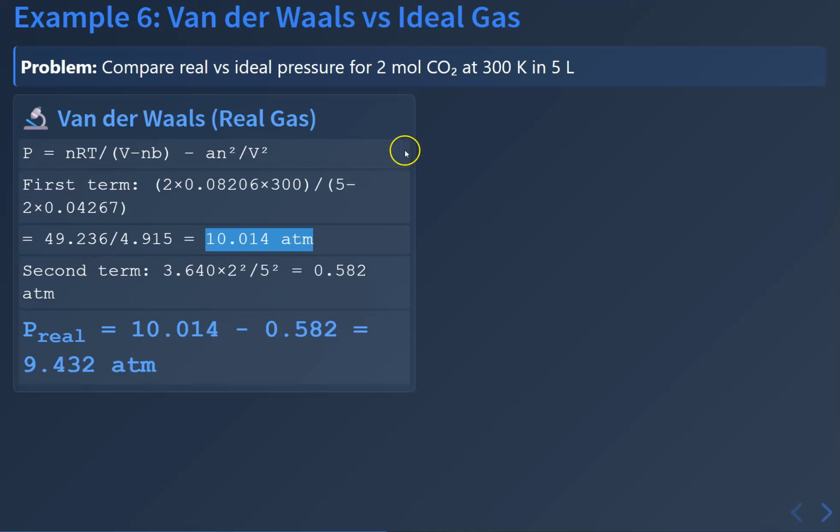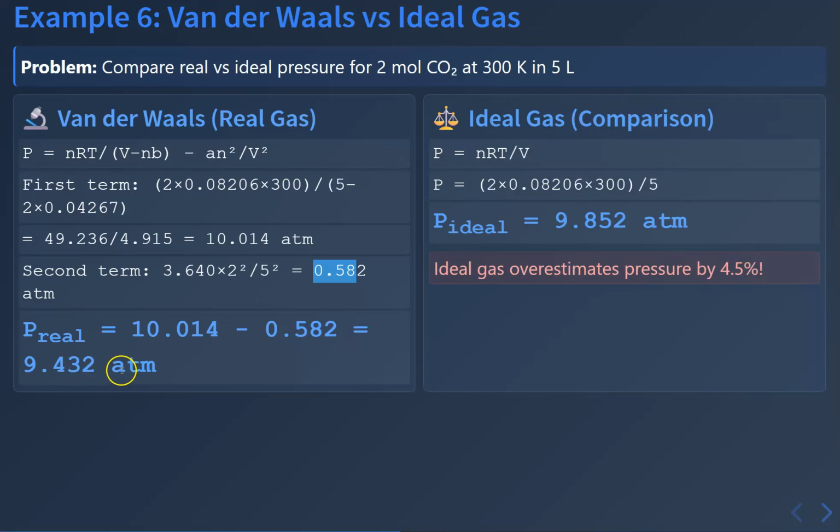And the second term is a n squared by V squared. The a value is 3.640 into 2 whole squared by 5 squared, so that is 0.582 atm. So P real is 10.014 minus 0.582, that will be 9.43 atm. For ideal gas, P is equal to nRT by V. If we plug in n is 2, R is 0.08206, into 300 divided by 5, P ideal is 9.852 atm.